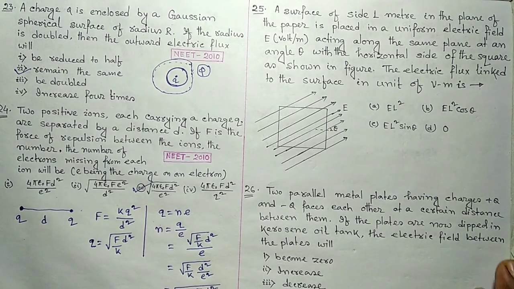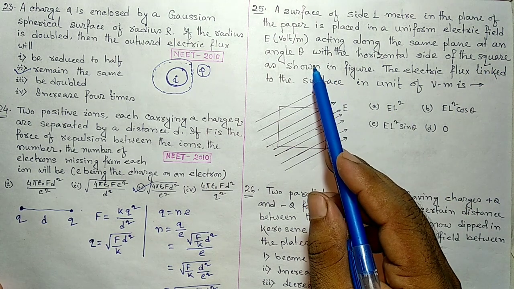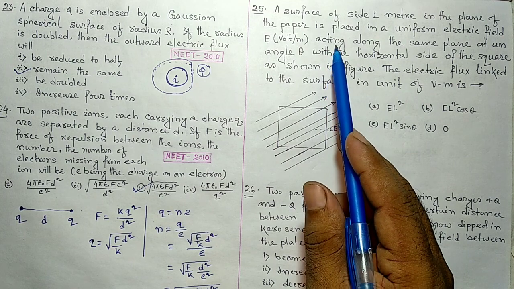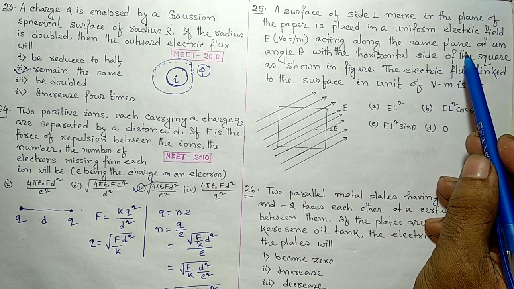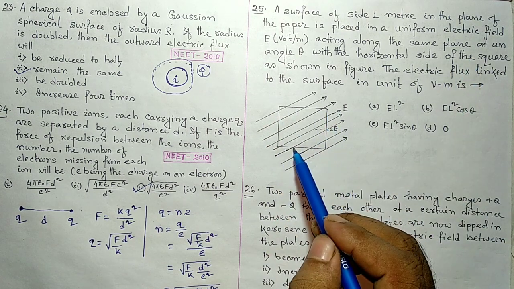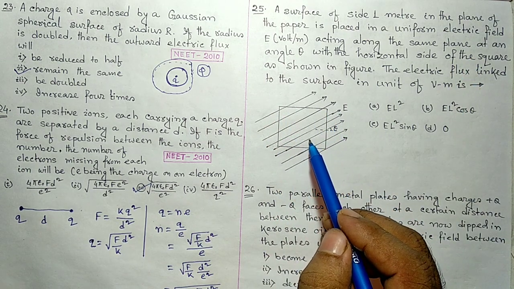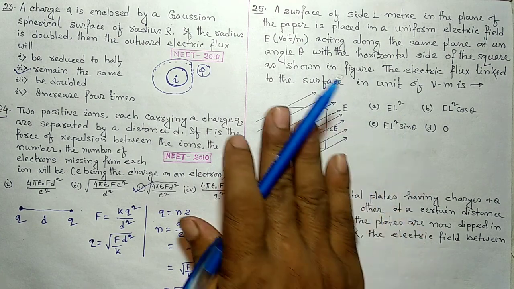Next question is question number 25. A surface of side L meters in the plane of the paper is placed in a uniform electric field E acting along the same plane. So this square surface is placed along the paper.